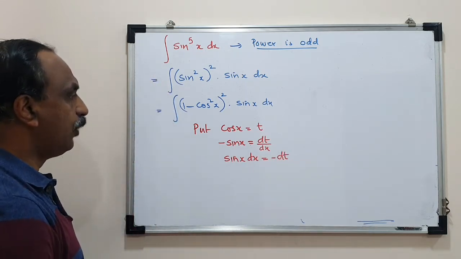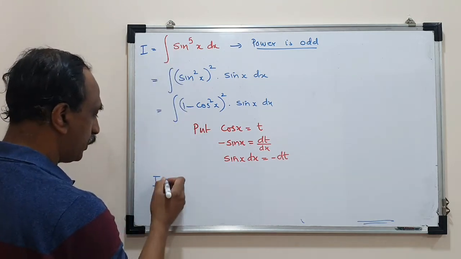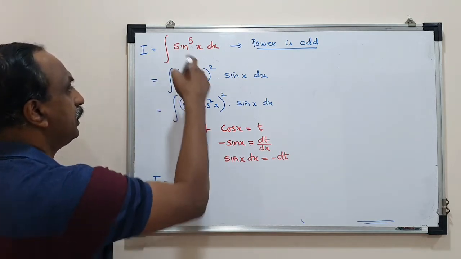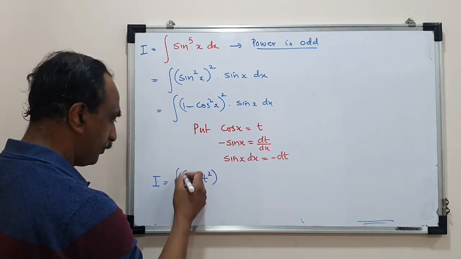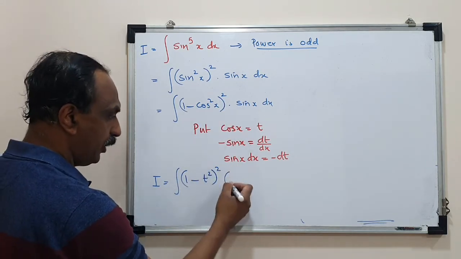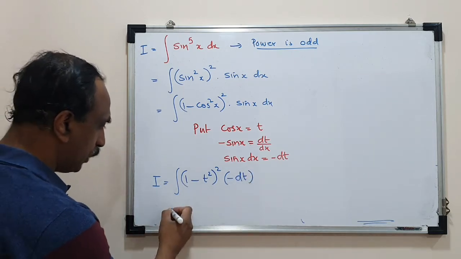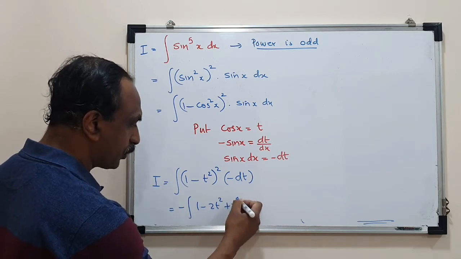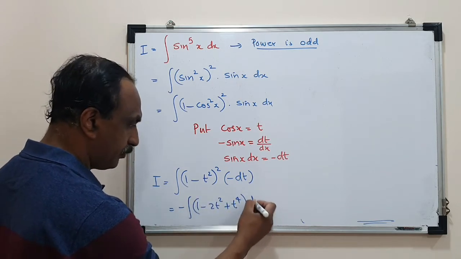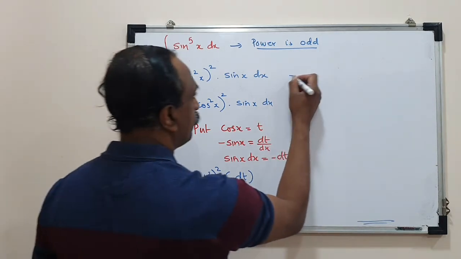So my integral now became I equal to the integral of 1 minus cos square, which became 1 minus t square, the whole square, into minus dt. Now you can take the minus outside: 1 minus 2t square plus t raised to 4 into dt. Now you can separate and integrate.